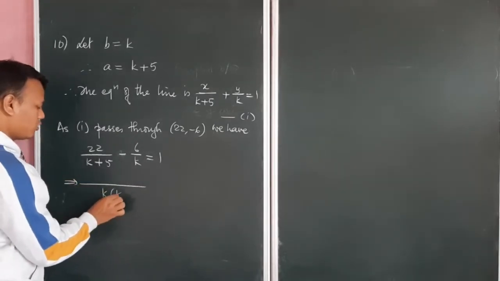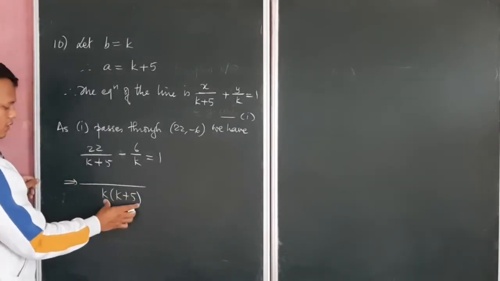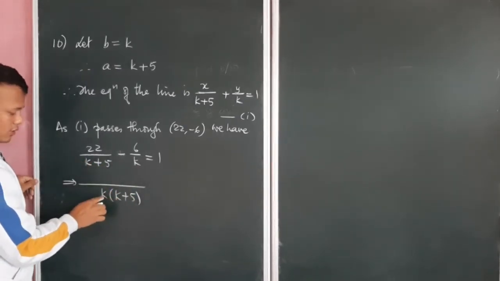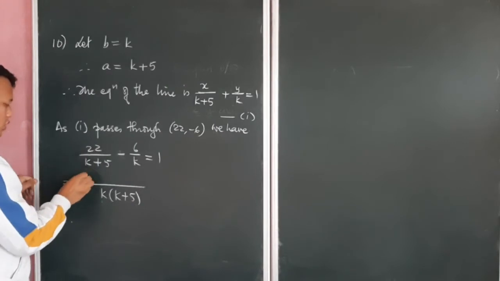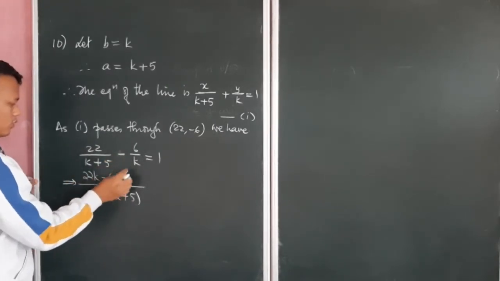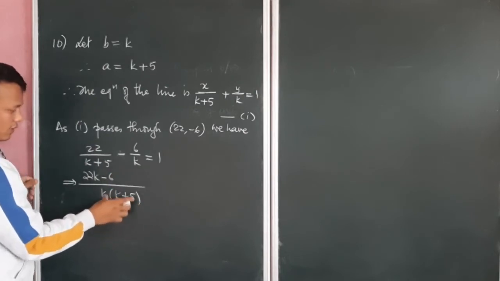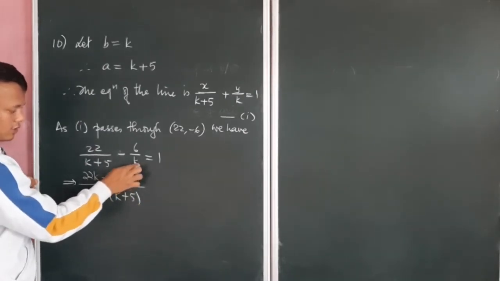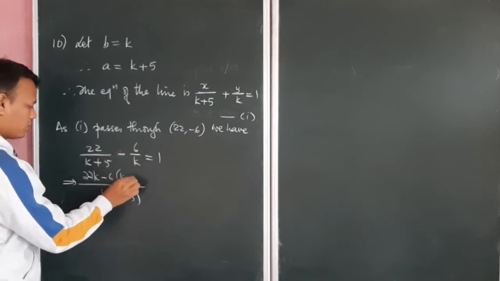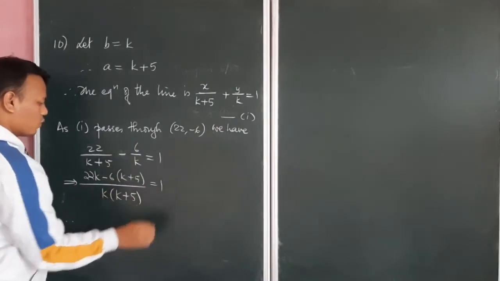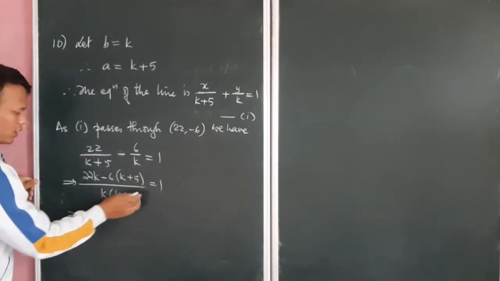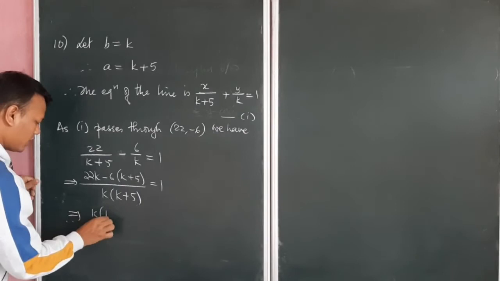The LCM will be k into (k plus 5). Divide this by k plus 5, and k plus 5 gets cancelled, only k is left, so k into 22 is 22k. Then minus 6 into (k plus 5), which is 6 into (k plus 5), equals k into (k plus 5).